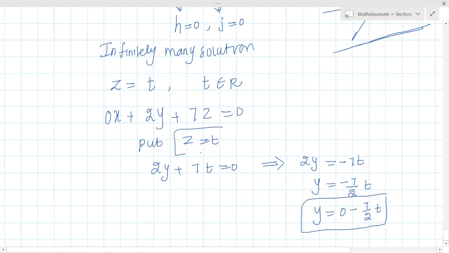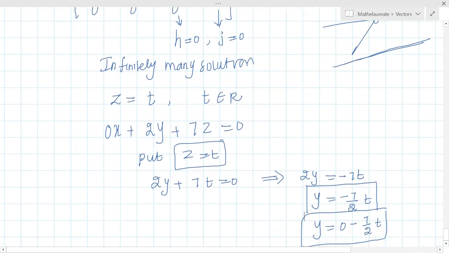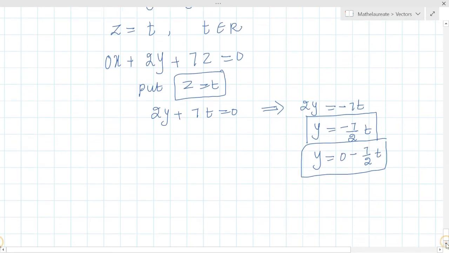We got z in terms of t and y in terms of t also. Next, we need to get x. That we can obtain from the first row. The first row equation is minus 1x plus 3y plus 5z equal to minus 2.